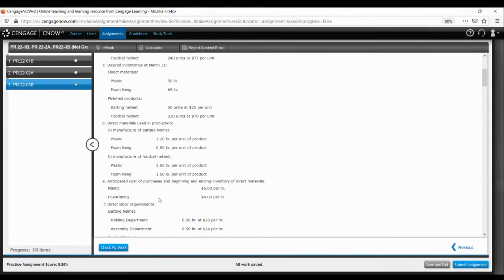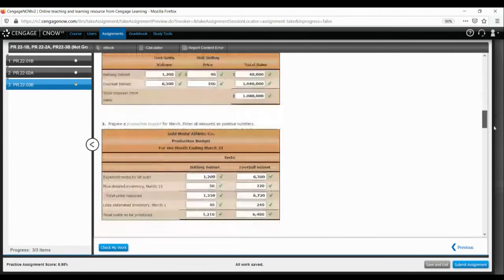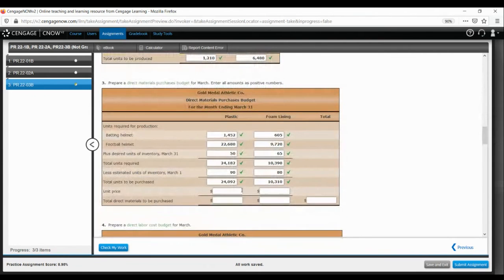And that comes in part E. The anticipated cost of purchases and beginning inventory of direct materials for the plastic is $6. So we're going to take $6 and plug it into that blank. That's how much the plastic is going to cost us.